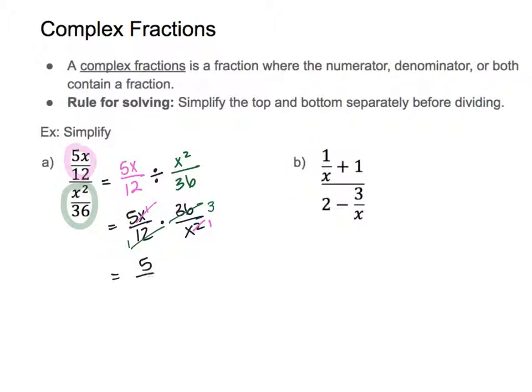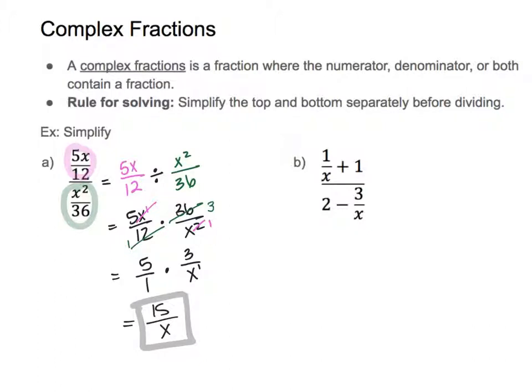So 5 over 1 times this top part here, which has a 3 and then x to the first power. So 3x. When I multiply straight across, I have 5 times 3, which is 15, and 1 times x, which is just x. So 15 over x, and that is my answer.